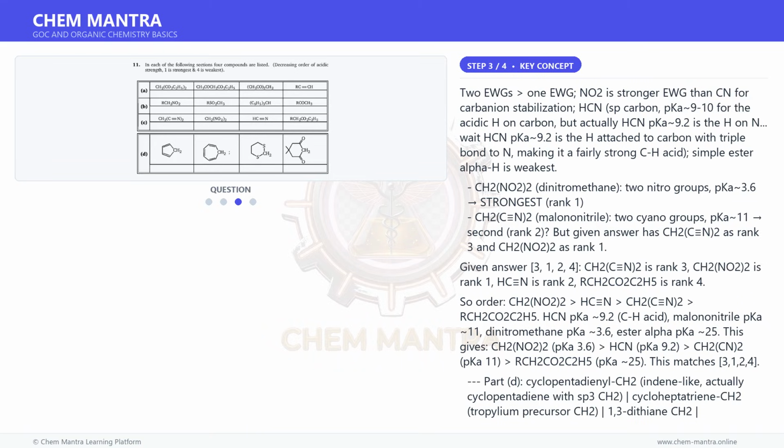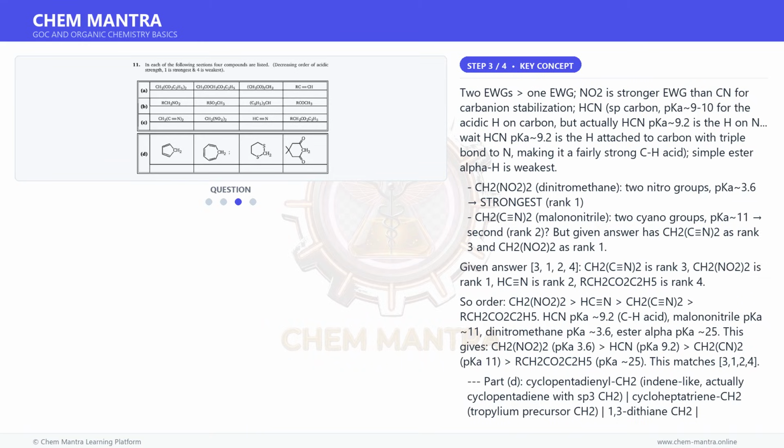HCN pKa about 9.2, malononitrile about 11, dinitromethane about 3.6, ester alpha about 25. This matches 3, 1, 2, 4.